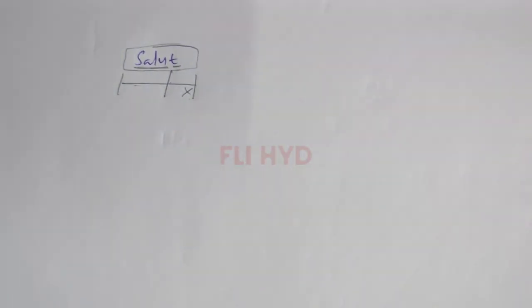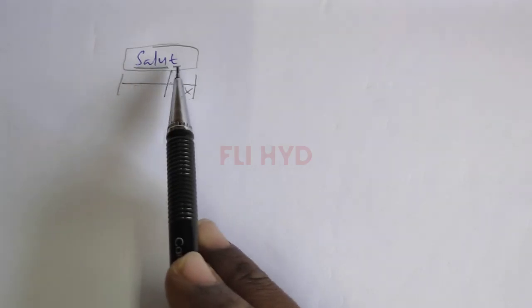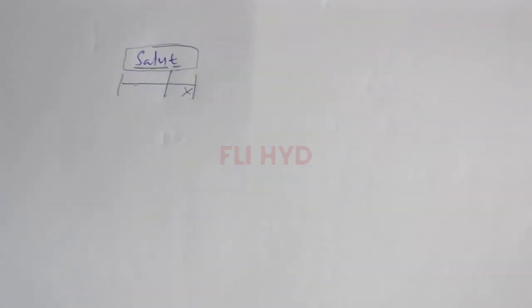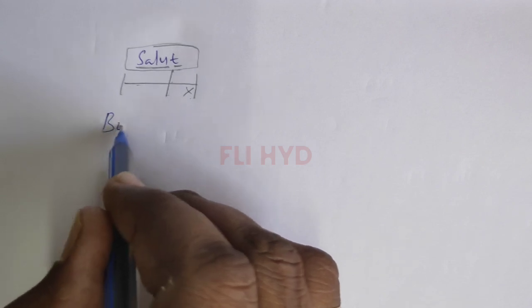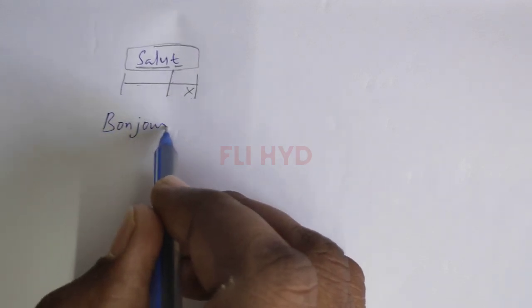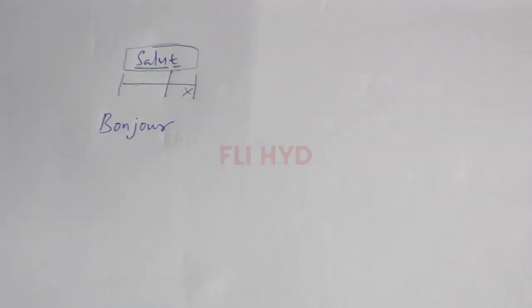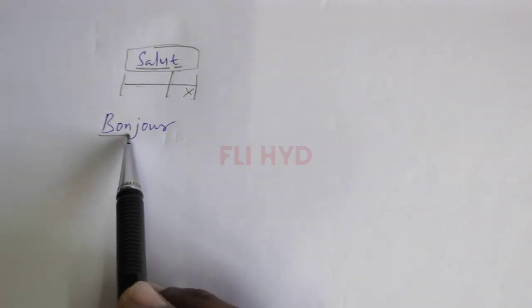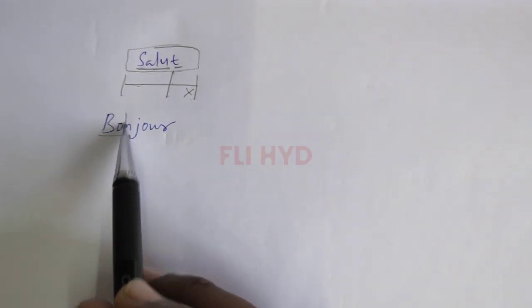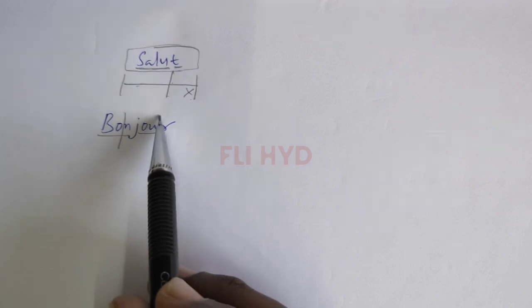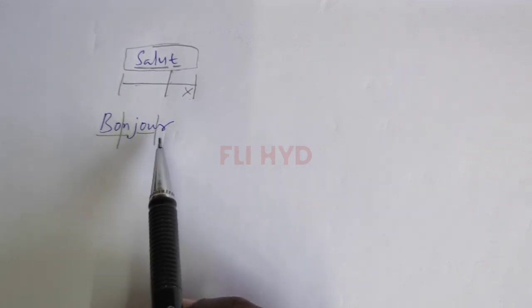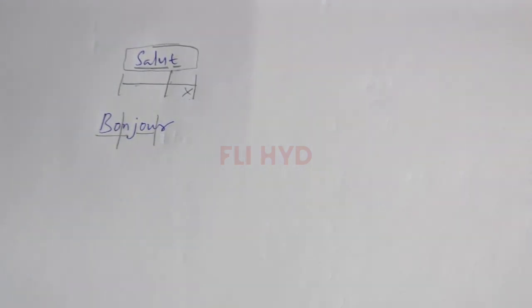So how are we reading this first word? We are reading it like salut. Salut, like hi. Next one, this we read like bonjour. Normally this we read like "bon", but here we say bon, and this is jour. So bonjour, like good morning.